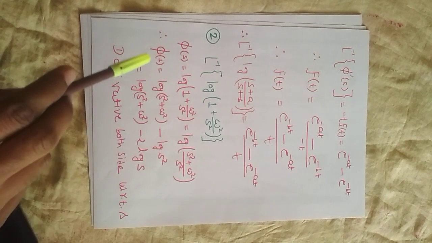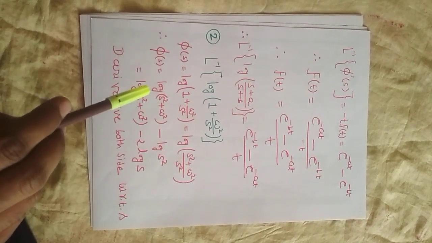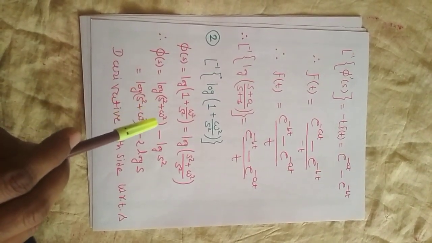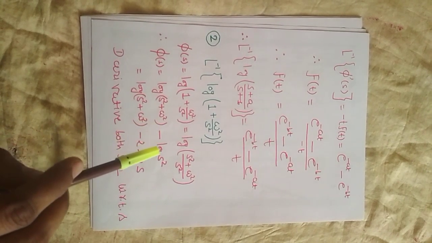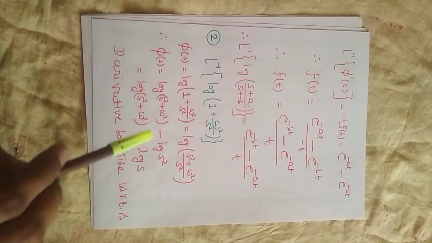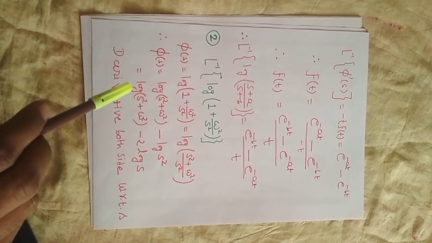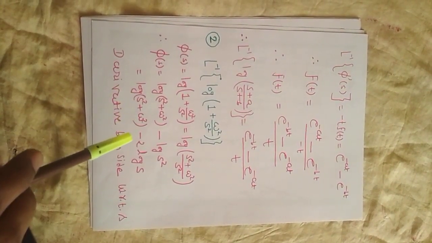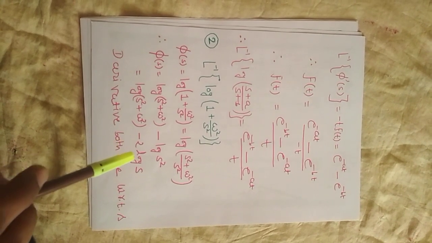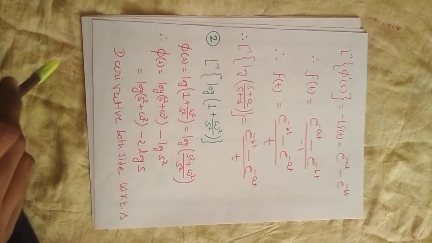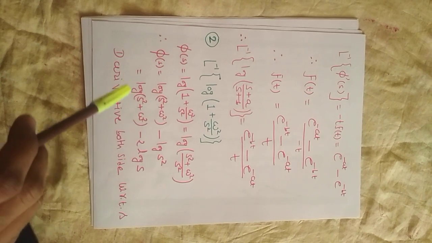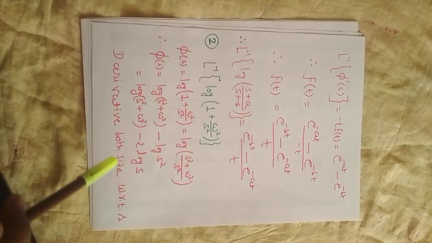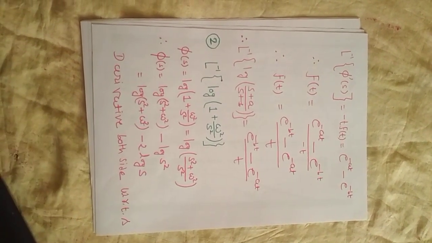And phi of s is now written as log of (s square plus omega square) minus log of s square. The 2 comes outside, so phi of s equals log of (s square plus omega square) minus 2 log of s. Now we don't know the inverse Laplace of this part, so we are differentiating both sides with respect to s.